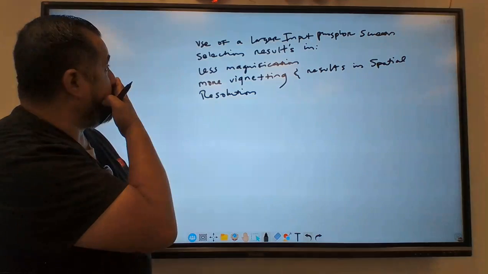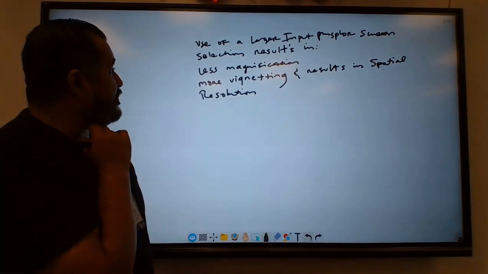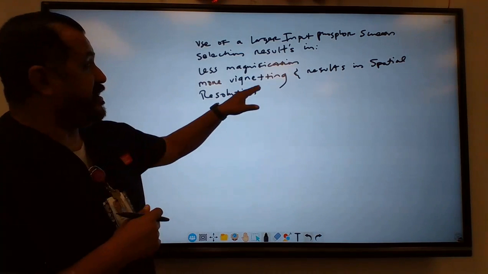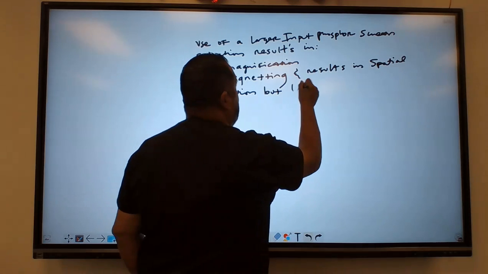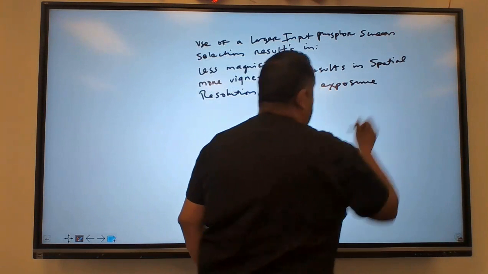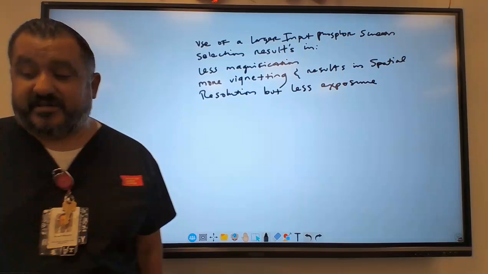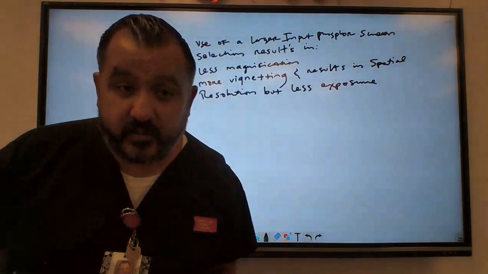All right, so the use of a larger input phosphorus screen results in less magnification, more vignetting, and loss of spatial resolution, but less exposure. Now, it's less exposure not just to the patient, but also to whoever's in the room.